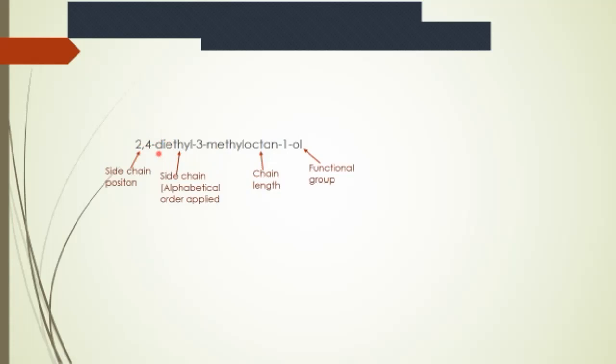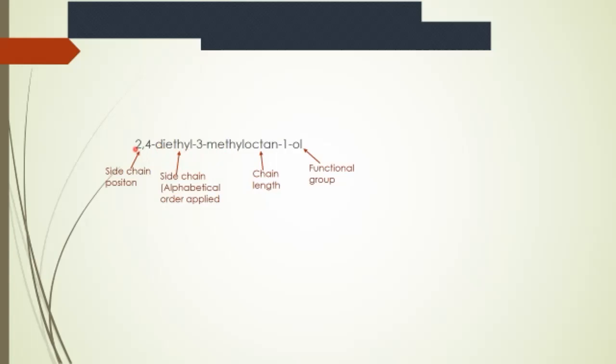What's important there is the side chain, ethyl, which means your side chain there is an ethyl. But because there are two, you're going to say diethyl. Ethyl is going to come before methyl because E comes before M. So before you consider this di, consider the main side chain. After considering the side chain itself, then you can consider how many there are. There are two, so you're going to say di.